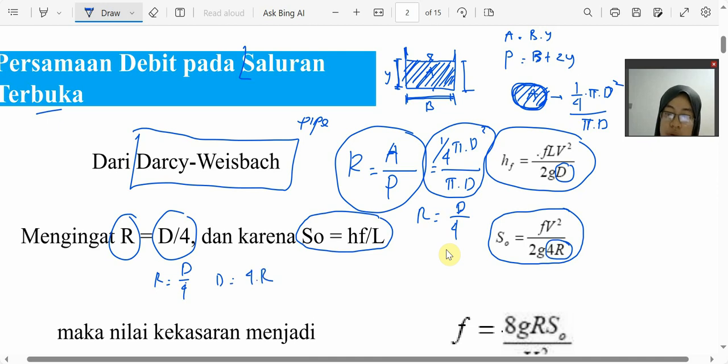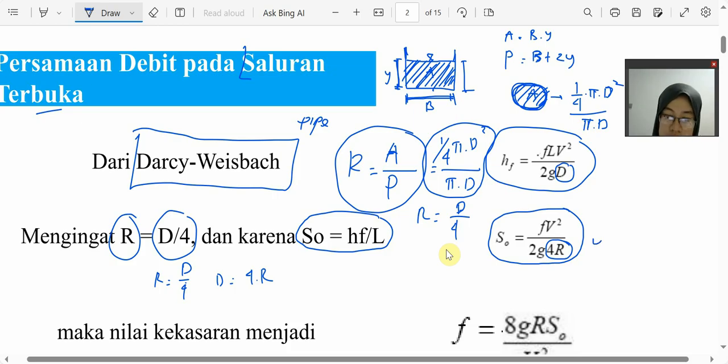So we will get this, and the length will eliminate because S0 is equal to HF over L, so L over L, okay?